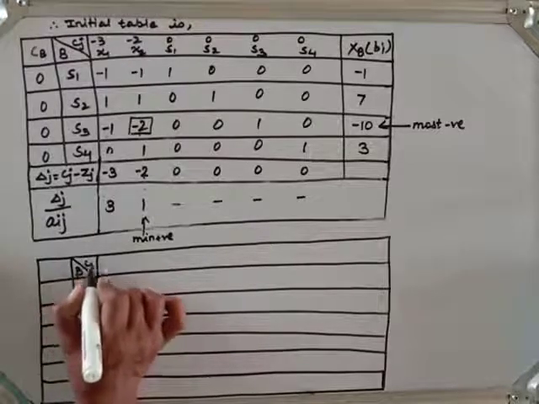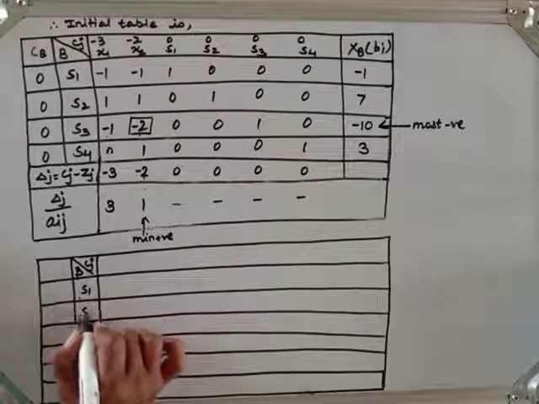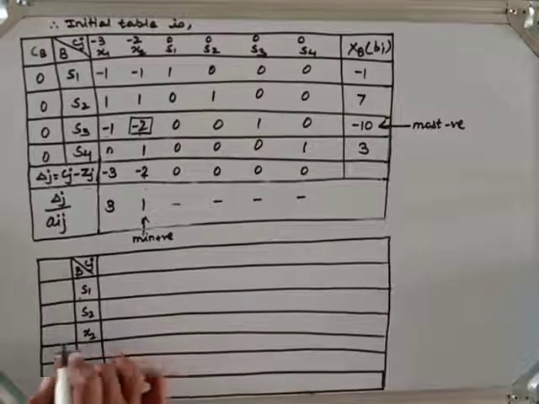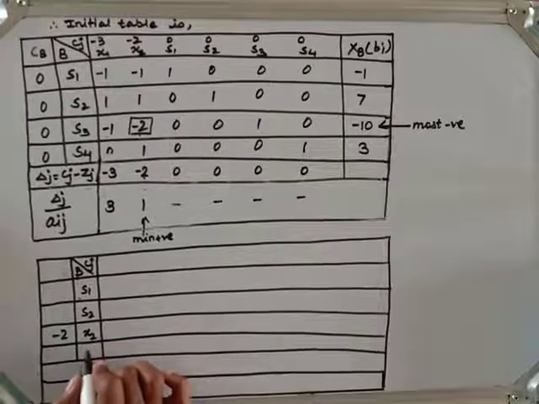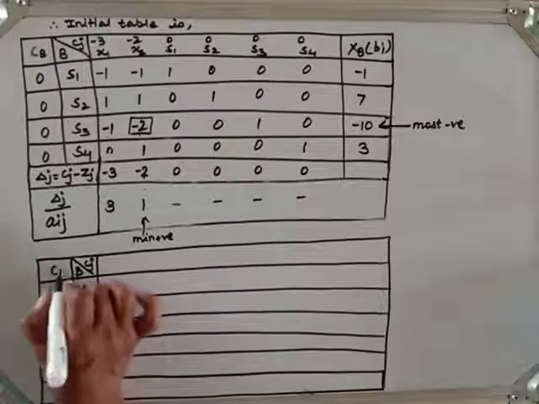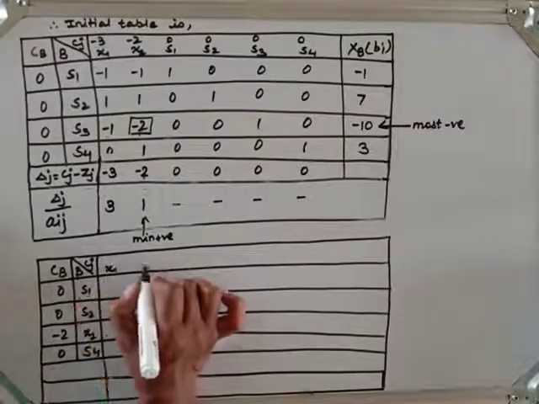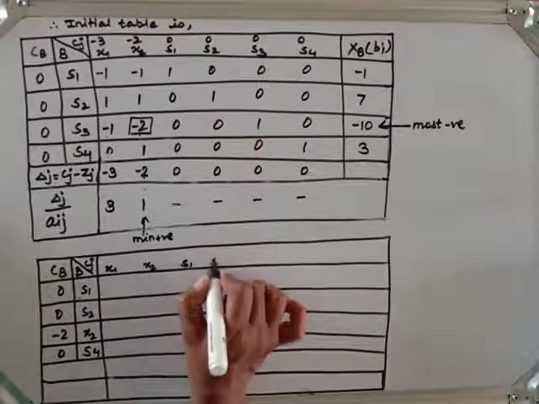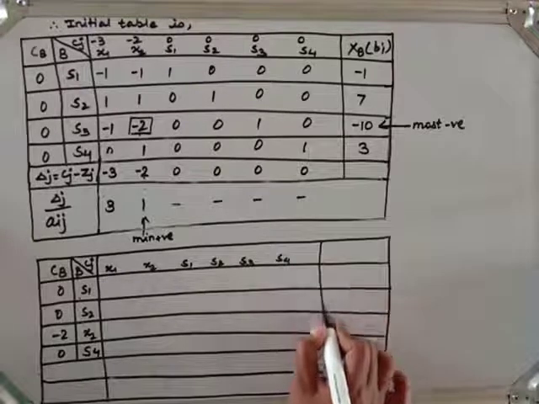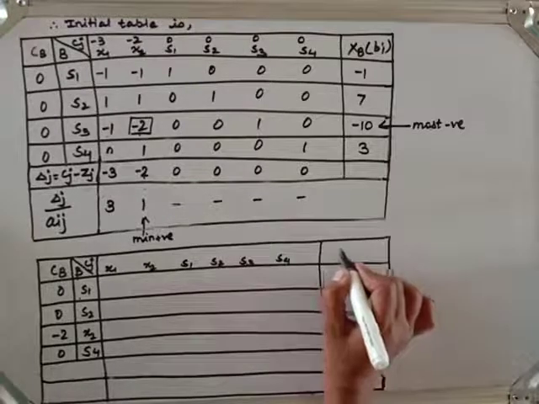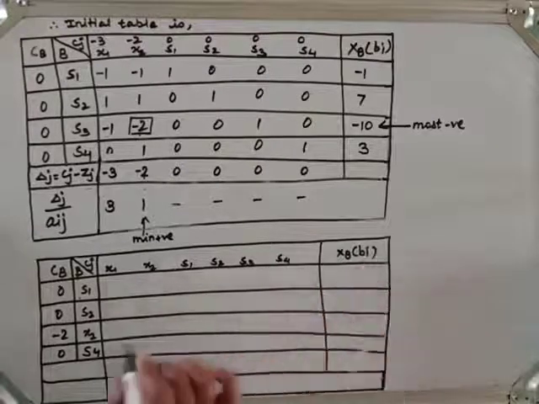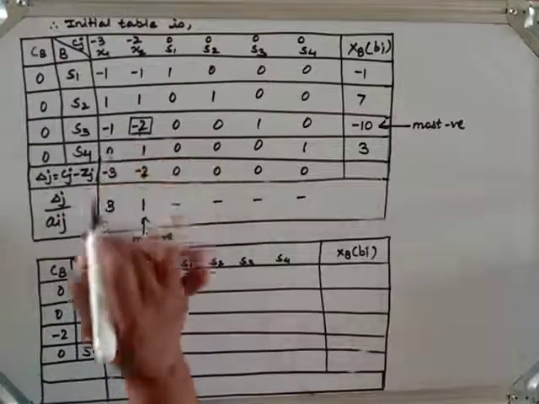This is B, CJ, S1, S2 as it is, S3 will be replaced by X2 having coefficient -2, here S4 as it is having coefficients 0, that is CB, here X1, X2, S1, S2, S3 and S4, and here it is XB or Bi.